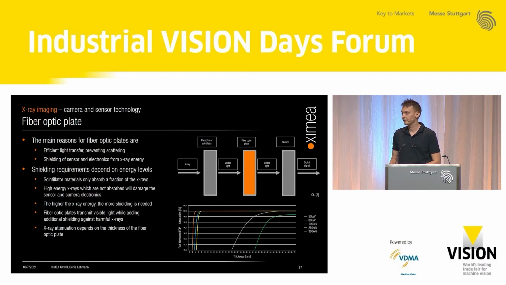So we need to vary the fiber optic plate thickness depending on your application. If you require 50 keV in your application, that means we have 3 to 4 millimeters of thickness for the fiber optic plate, while for a 250 keV application, we would even have to go for 60 millimeters.